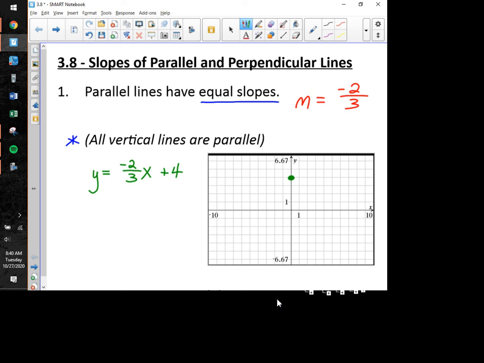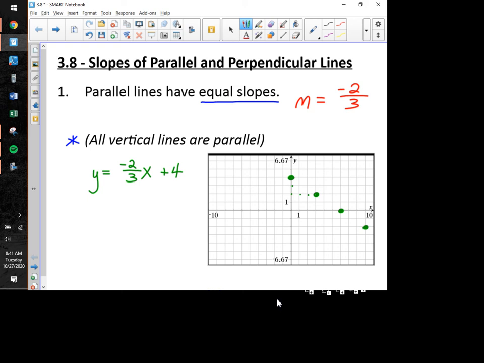Remember that slope is rise over run, so we're going to rise -2 units and run +3 units to come up with the next point on our line. That means we are going to go down 2 and right 3 units, and that gets me to a second point on that line. Down 2, right 3, and I've got room to do it again, down 2, right 3.